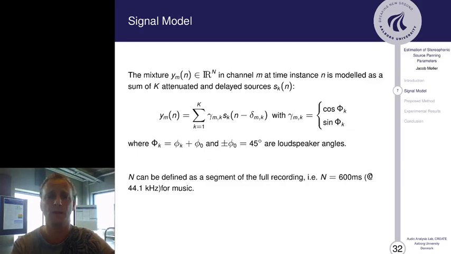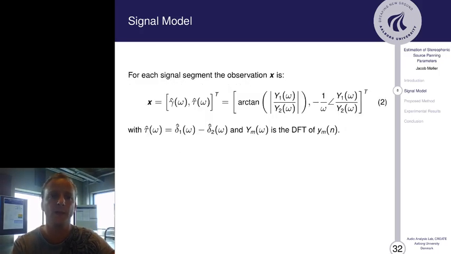N, capital N here, can be defined as a segment of the full recording. For music, very often we use 600 milliseconds, and it's possible to use large frame sizes compared to, for example, speech, which very often uses smaller frames. For each signal segment, the observation x is shown in equation 2. This is the interaural level and time differences.